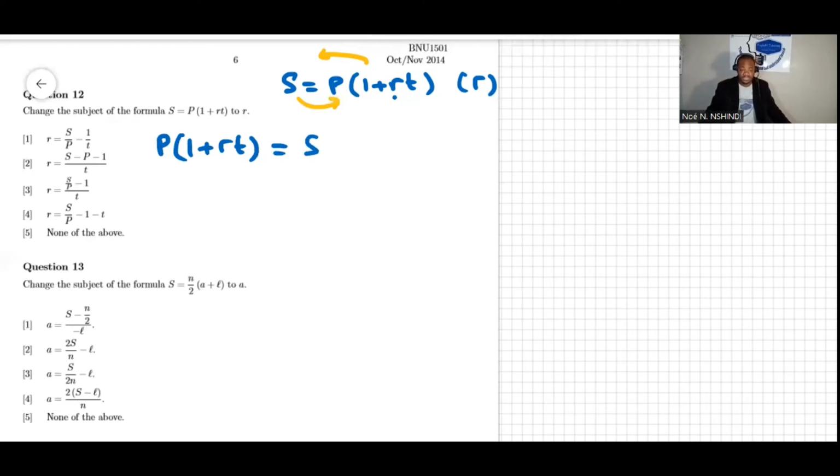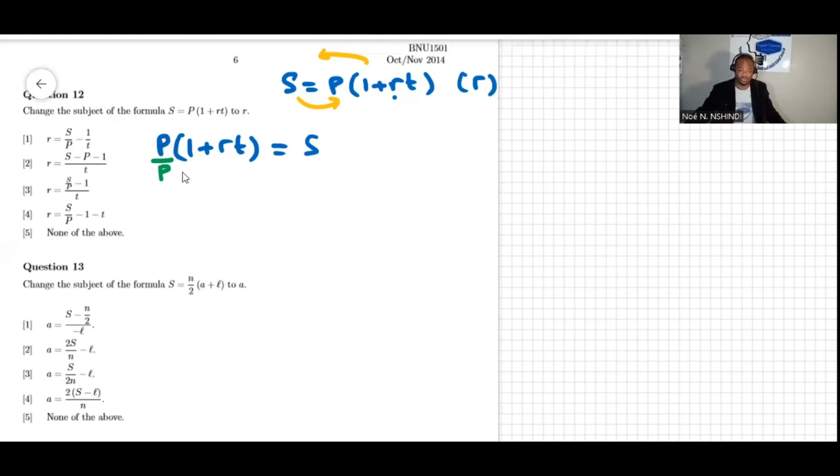Now that I need R, I want to get rid of things that are next to R. First of all, I have P here. It is a product. So to get rid of P, I can divide by P. I will not minus, because when you don't see any sign between P and the brackets, it's not a sum or a subtraction, it's a product.